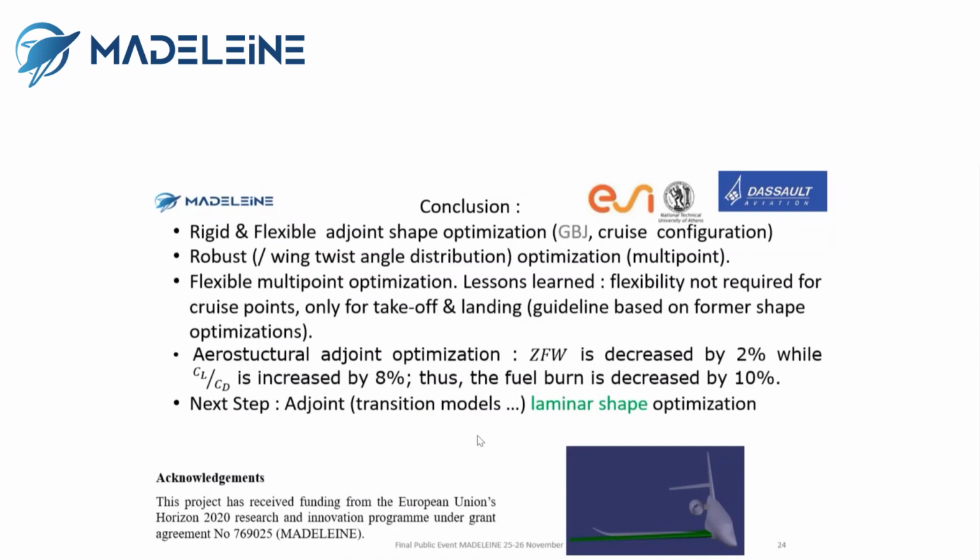Coming to the real Falcon 2000 LXS, the optimization of the shape is a multi-point optimization with a lot of points. Here we consider only two, and in this case for aerostructural optimization, it was one flight point. So it's not enough to conclude.